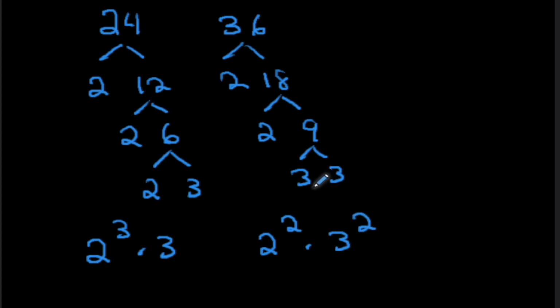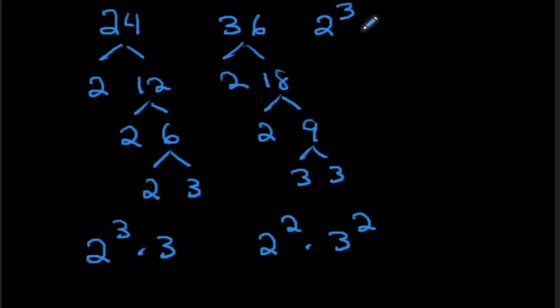Okay, so what you have to do here is find the LCM by multiplying the highest exponent or power on each of the prime factors of these given numbers. So if we take a look, we have 2 cubed, we have 2 squared. So the highest powered number is the 2 cubed. So we're going to bring that with us. We'll put that right here.